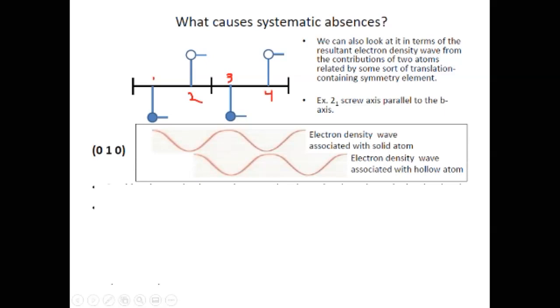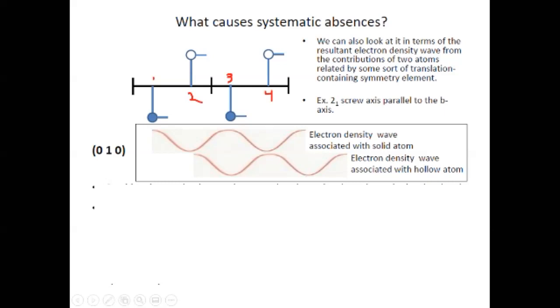For example, if we have the 0, 1, 0, this is the electron density associated with the solid atom, so that's position 1 here. Now when we do a screw axis, remember we're translating a half a unit over. And so when we translate a half a unit over, we get this electron density wave of the hollow atom, which is the symmetry equivalent atom.